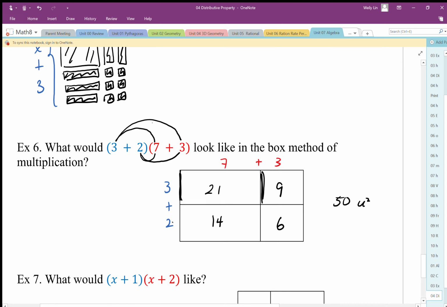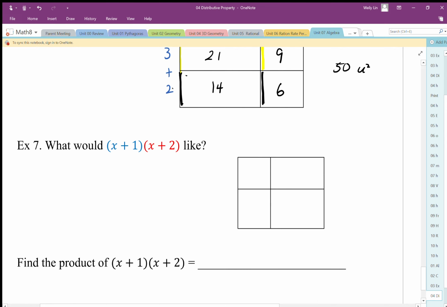Okay, so that's my first distribution. Oh, maybe I'll just show that in a different color. It's these two edges. The 3 is shared here and here, and then the 2 is shared here and here. So it has to be distributed to the width of 7 and the width of 3.